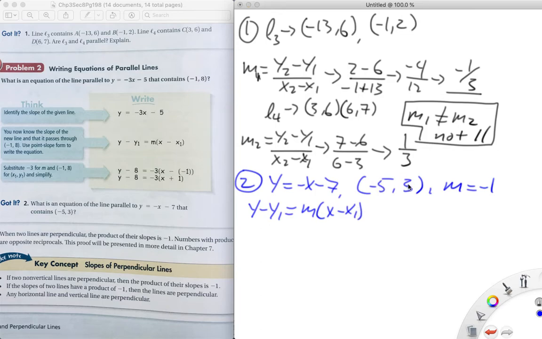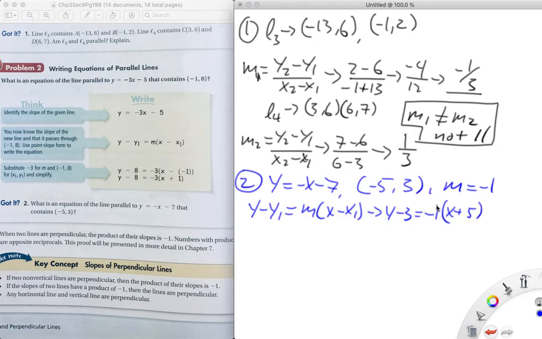So this is going to be y minus 3 equals negative 1 times x minus negative 5, so that's x plus 5.